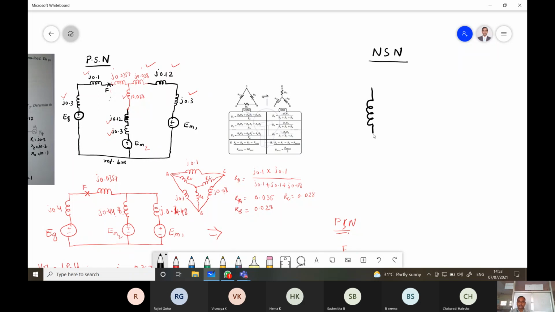Only reactances will come. It is the same as the positive sequence network. Only the EMF sources are not present, and sometimes the values of the reactances will also be changed.